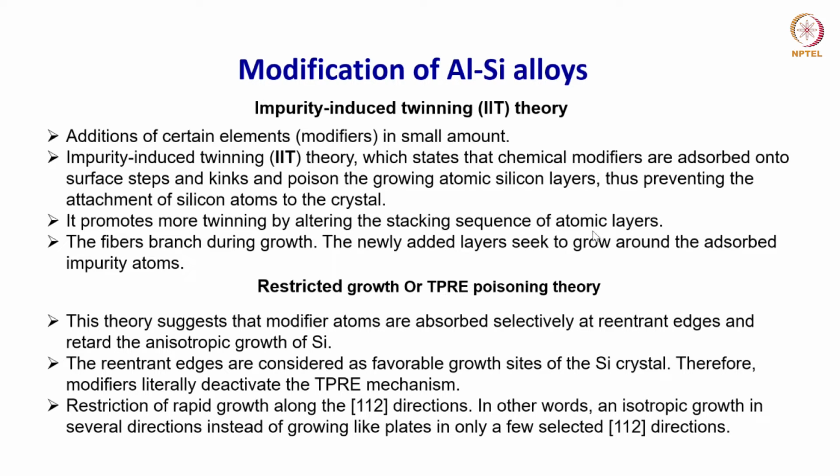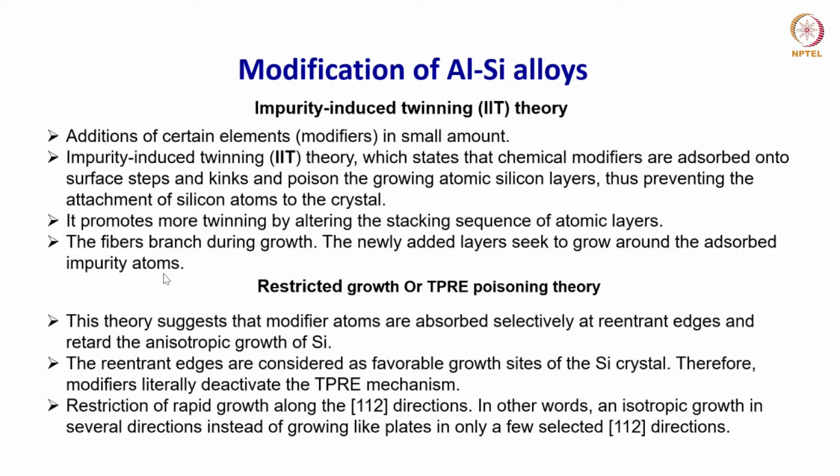Okay, and you can therefore expect the growth of fibrous branches along these locations where these impurity atoms attach, and therefore the newly added layers will seek to grow around the adsorbed impurity atoms.